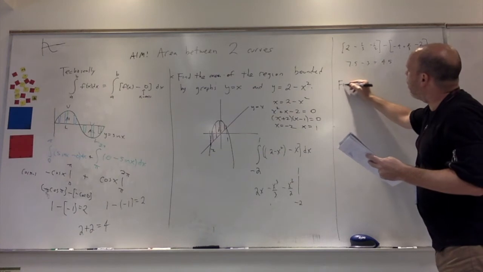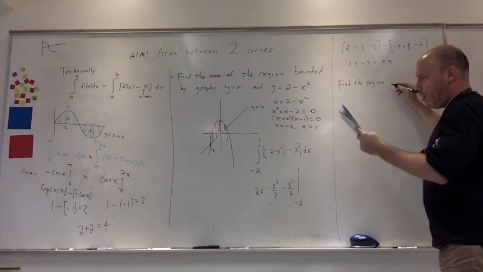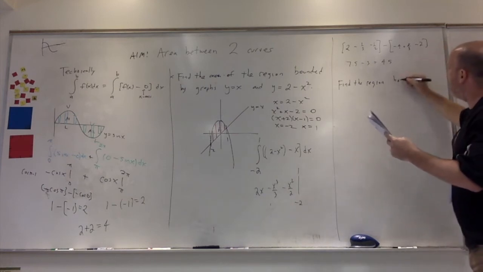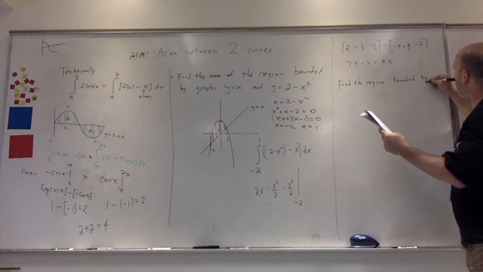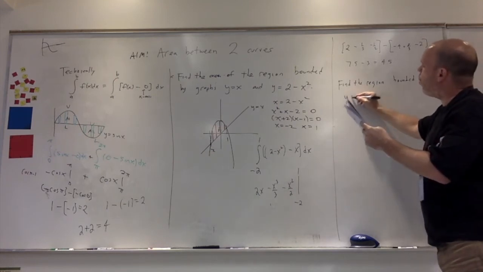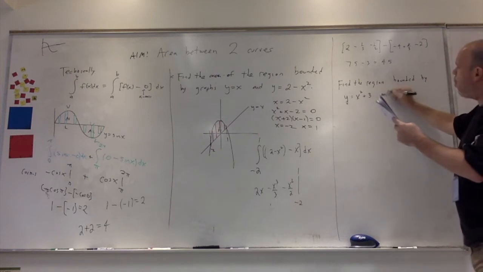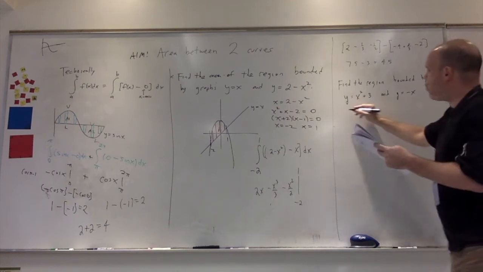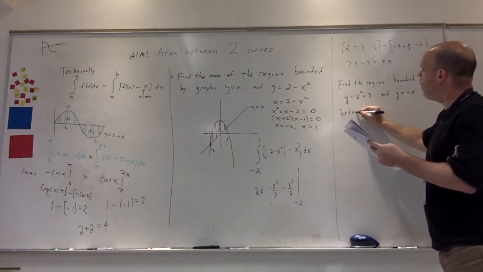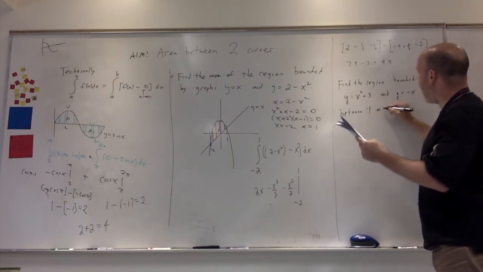Find the region bounded by y equals x squared plus 3 and y equals negative x, between negative 1 and 1.